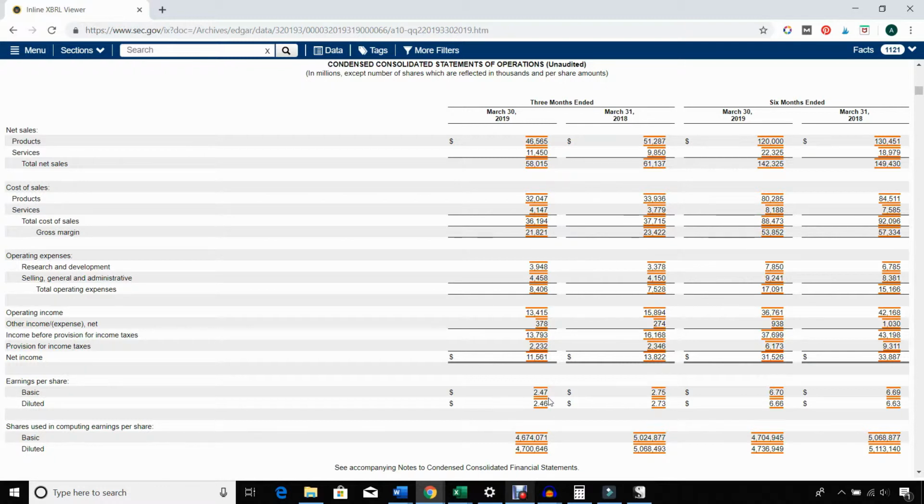This basically means Apple is earning $2.46 of profit for every share that they have outstanding. So that's basically a rundown of the income statement. Not all companies will have an income statement like this, but they're very similar.